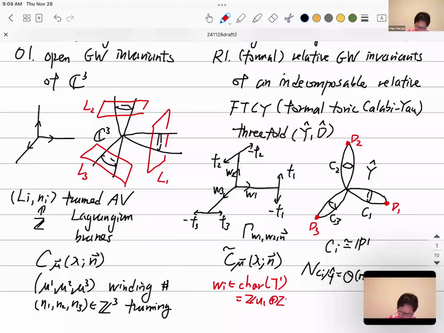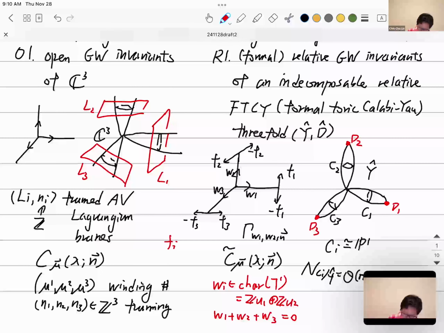So let's say it's generated by a basis. And the Calabi-Yau condition is W1 plus W2 plus W3 is 0.